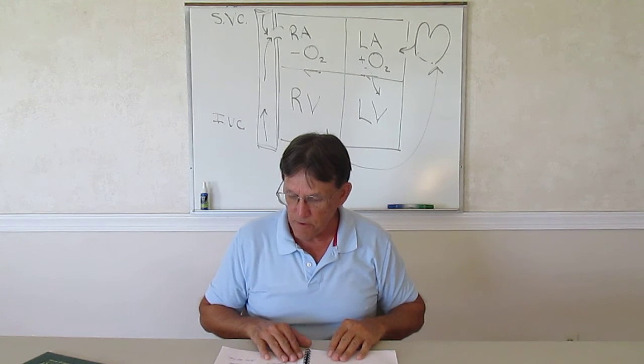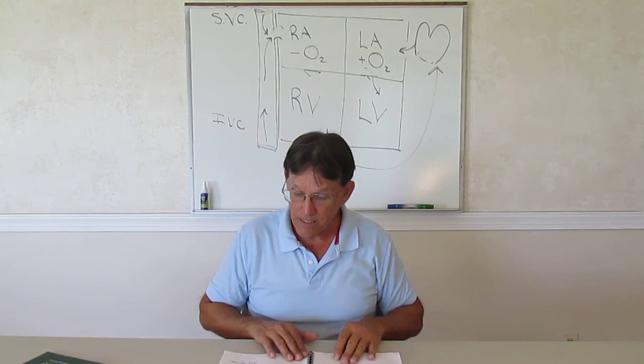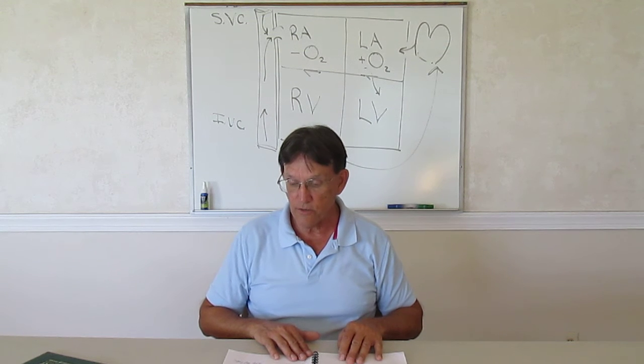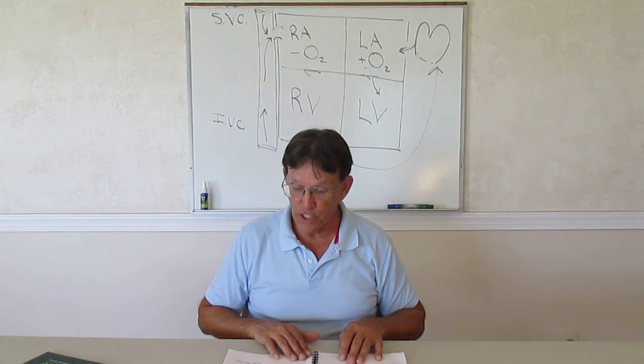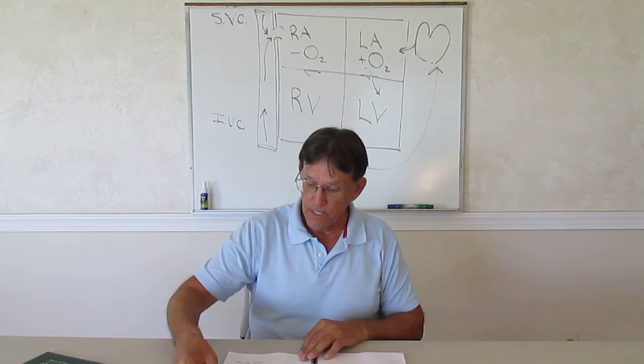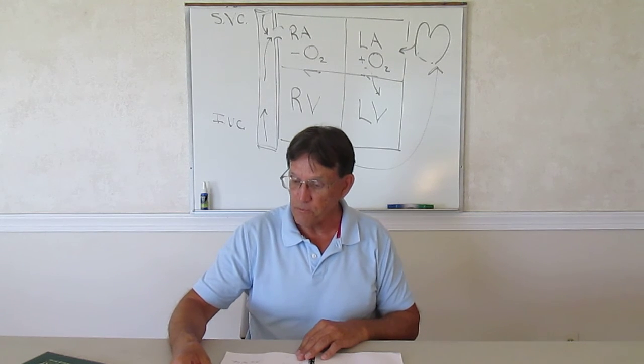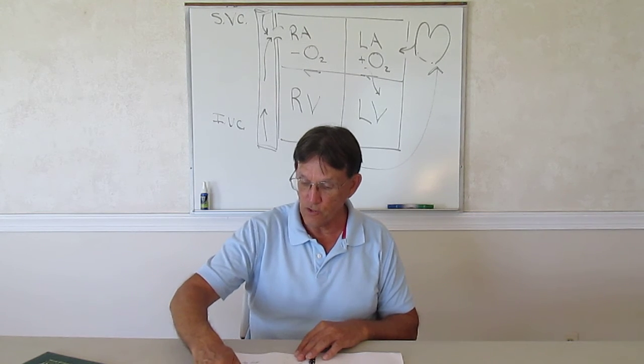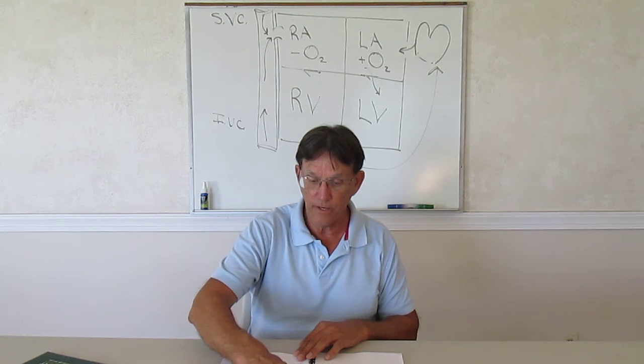Number 13, describe a 5-hour glucose tolerance test. 5-hour glucose tolerance test, GTT as it's referred to. You would start 3 days prior, and the patient would take a 150 gram dose of glucola per day for 3 days.